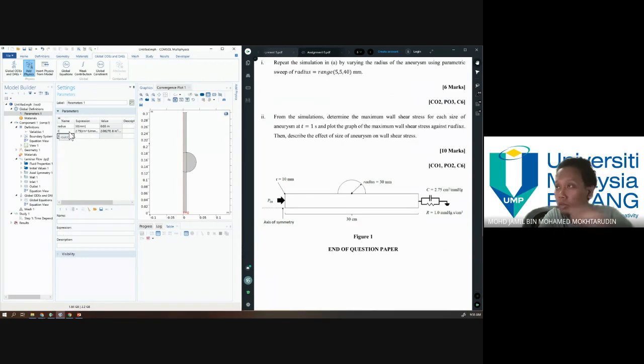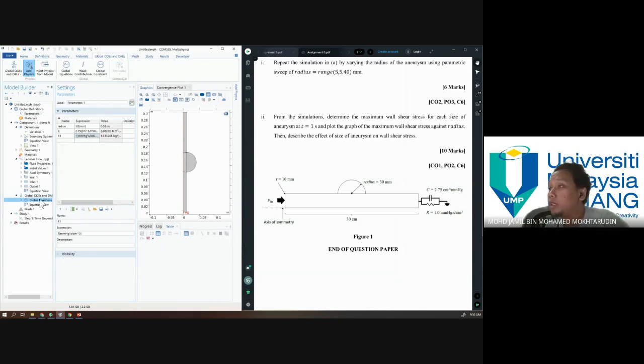And then R. You cannot use R because in COMSOL it's a reserved variable. So maybe use R1. So 1 mmHg times second over cm cubed.